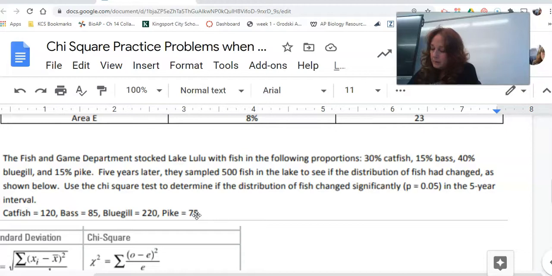I've got catfish, and they observed 120 bass, 85 bluegill, 220, and pike 75. Now I know they told me 500, but I'm still going to add my observed values.